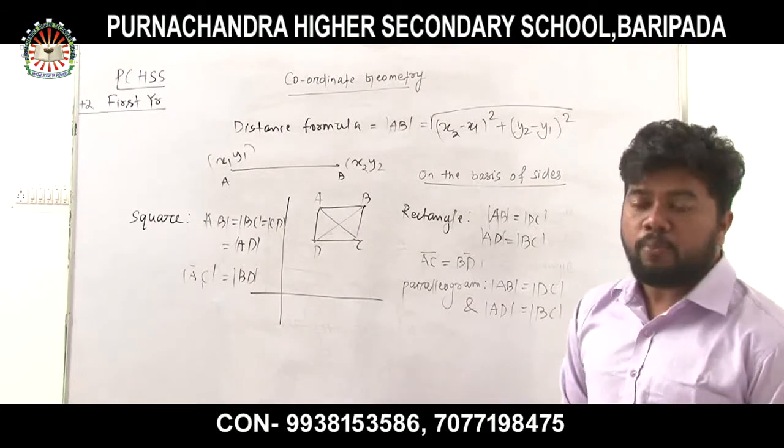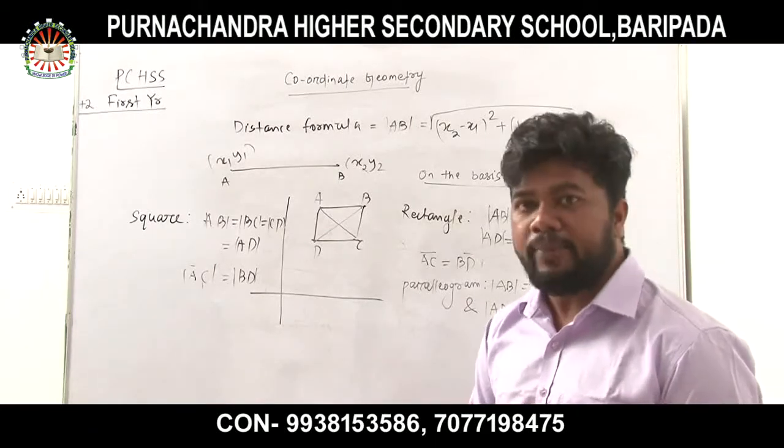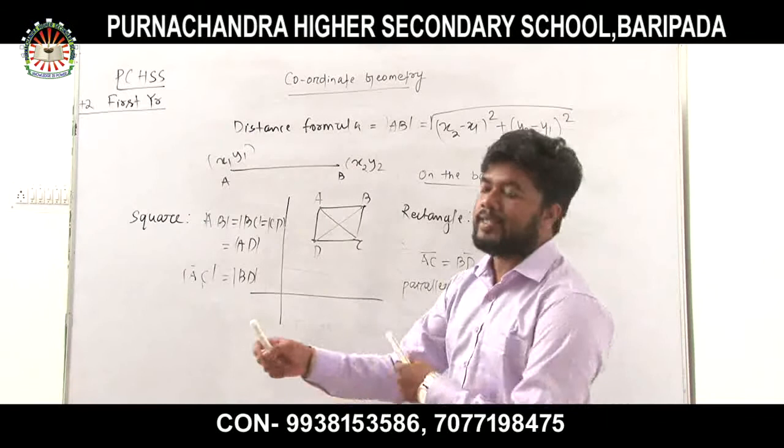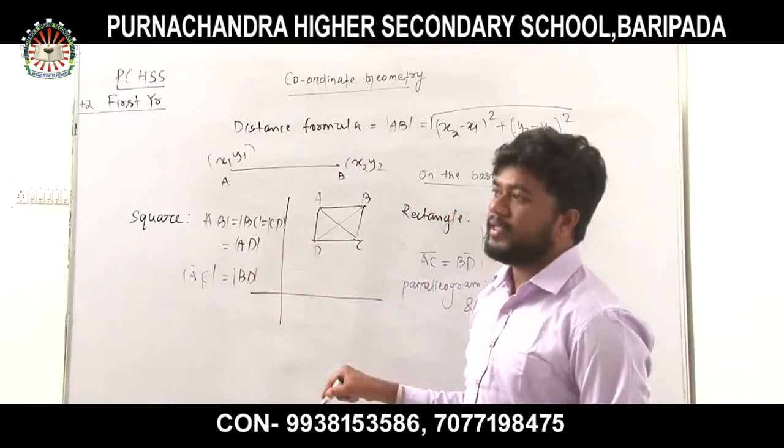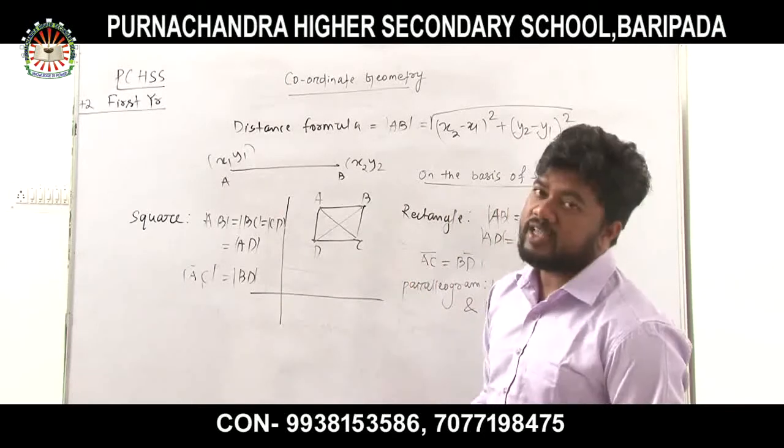But in the case of a rhombus, the diagonals are different. Only the sides are the same. AB, BC, CD and AD are all the same in length, but the diagonals are not the same.